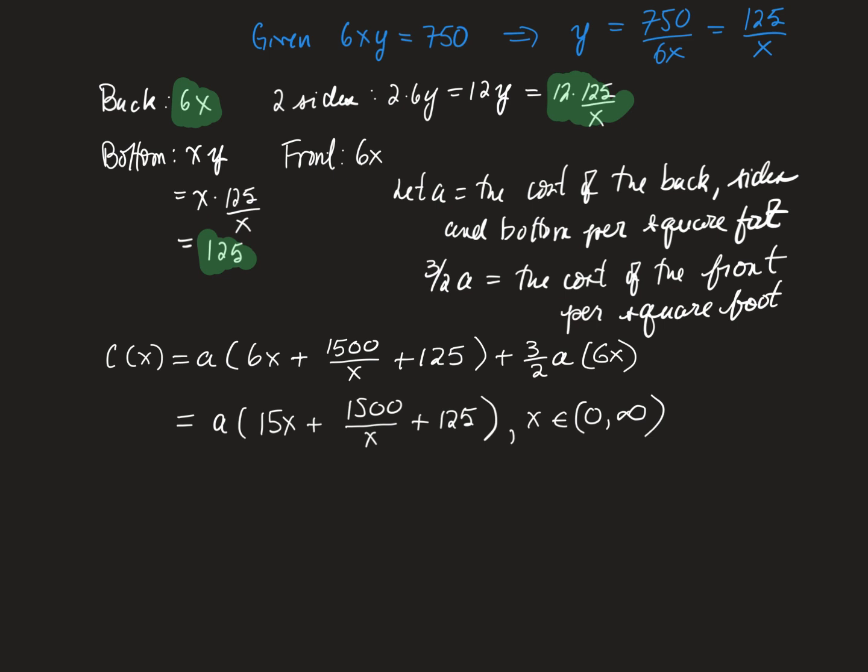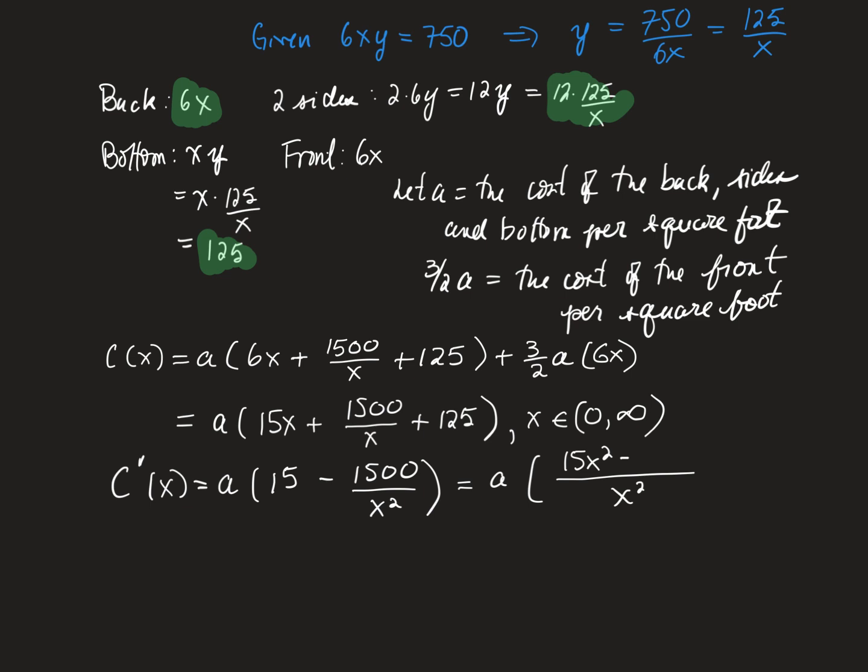And now I'd like to get the critical numbers. To get the critical numbers, of course, we need the derivative. So let's go ahead and differentiate. Keep in mind that A is just a constant. So when I differentiate, I'm going to get A multiplied by the derivative of this, which is going to be 15 minus 1500 over x squared. And I want to know when that's equal to 0, so I'm going to rewrite it as 15x squared minus 1500 over x squared.